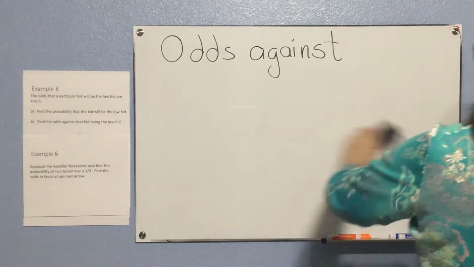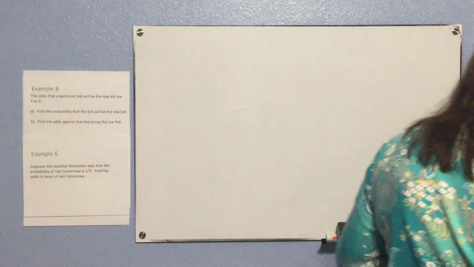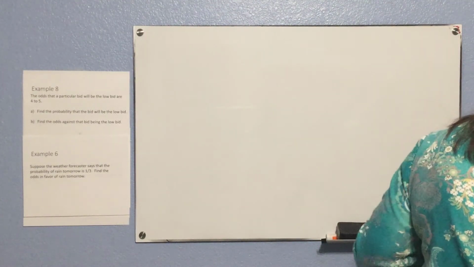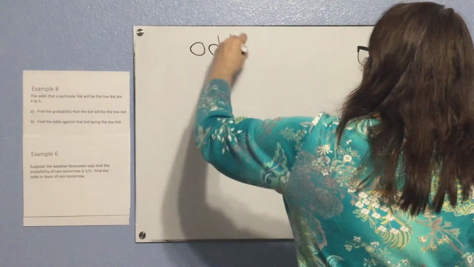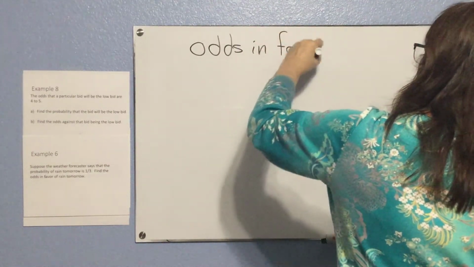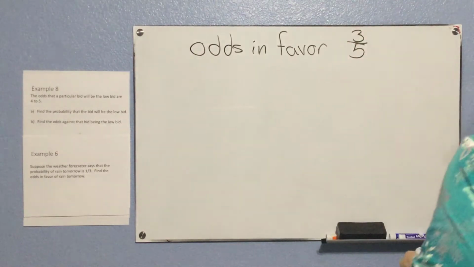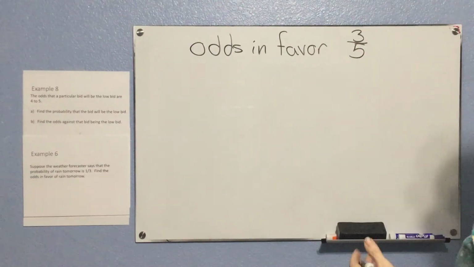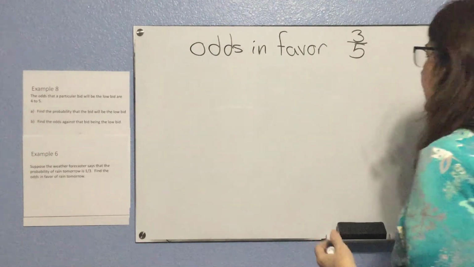Now these were pretty simple examples. Let's look at something else. Let's say the odds in favor are 3 to 5. I want to work backwards from that and find the probability of this particular event.